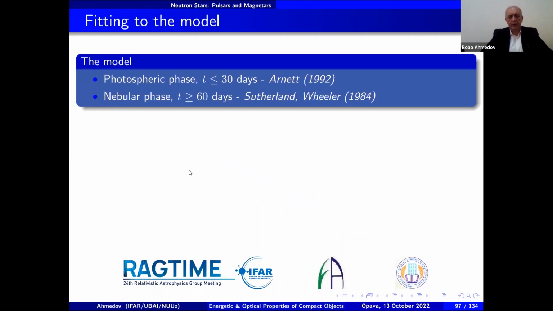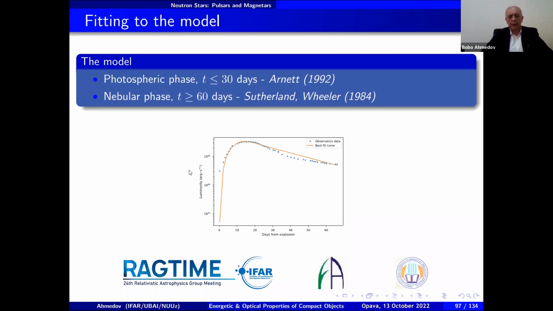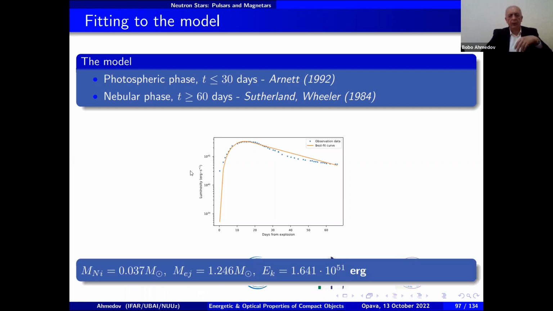And here you can see the calculations, and by making these estimations, we were able to get constraints on how much mass of nickel there is, what is the ejection mass, and the energy of this explosion. So this is how the SNAC model, which was developed by Morozova, was applied to the real observational data from the Majdanek Observatory.